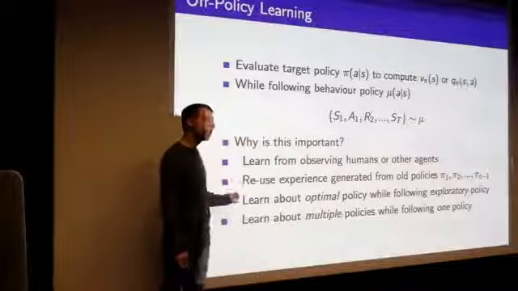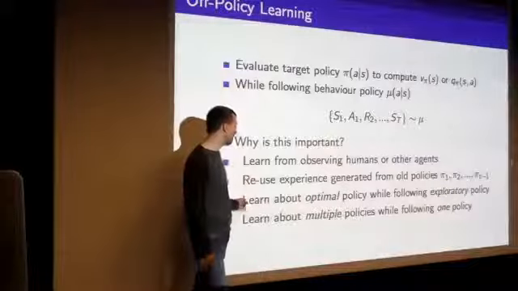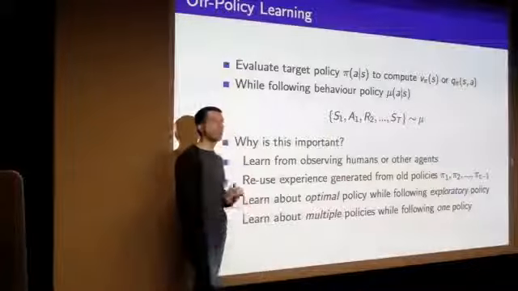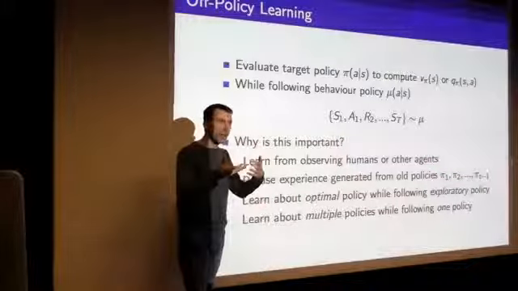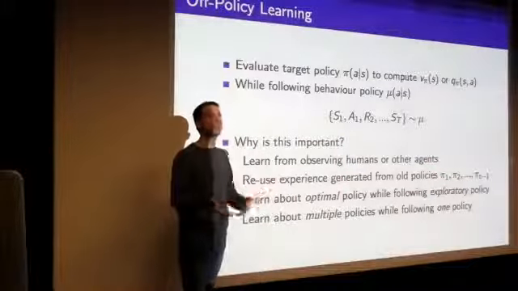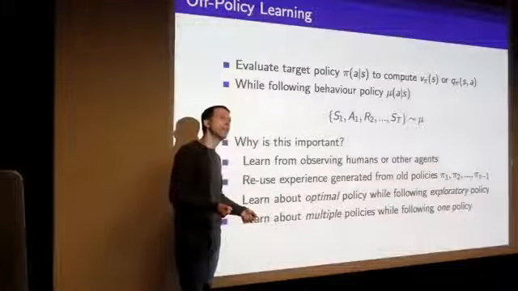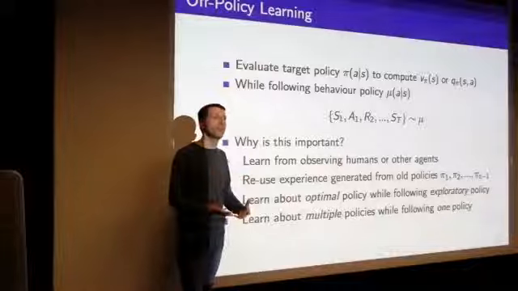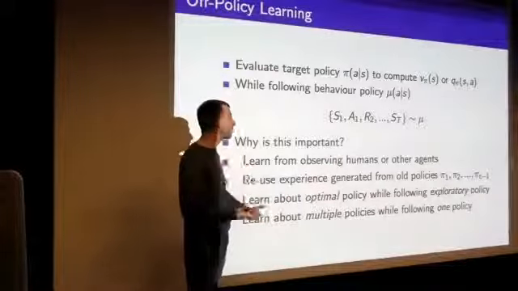Probably the best known example of where off-policy learning is used is this third point. We know there's this big issue in reinforcement learning, which is making sure that you explore the state space effectively. At the same time, we want to learn about the optimal behavior, which doesn't explore at all. So why not make use of off-policy learning?